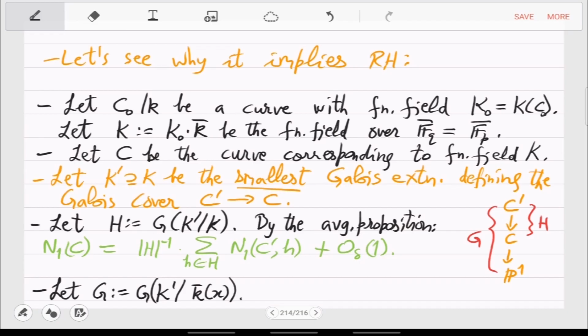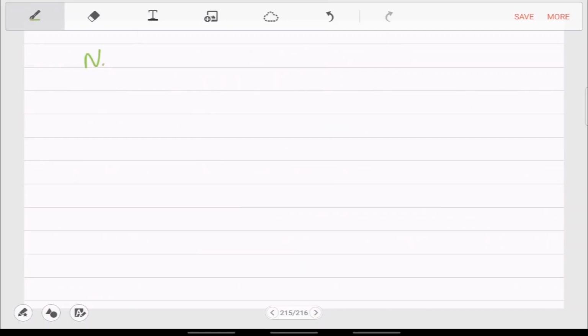Same thing with the line, and same thing with C prime, K prime. And I can now use K prime over whatever is the function field of P1, which I am calling K bar X. So that Galois group is G. G is a supergroup of H from the picture, or H is a subgroup of G. And by the averaging proposition, what you will get is the following: N1 P1.